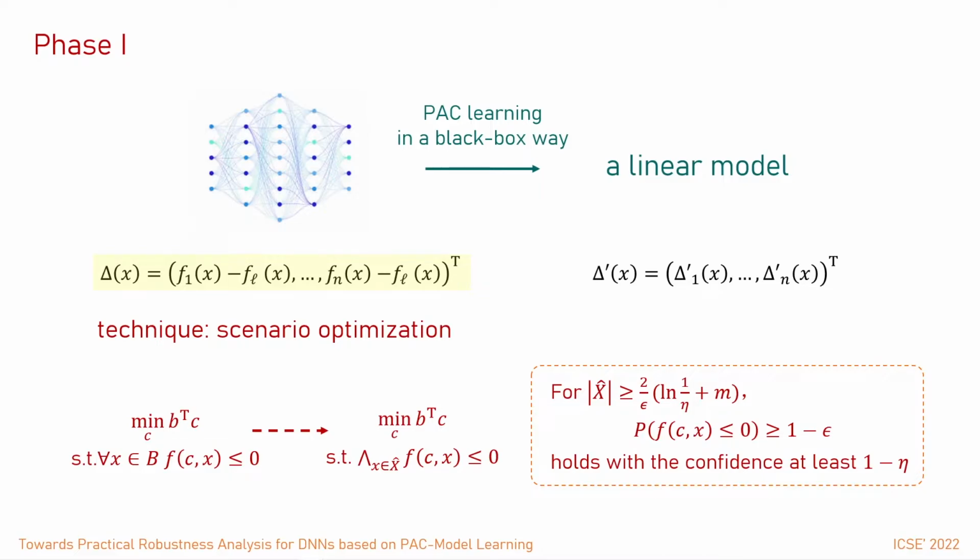If the number of the samples is larger than a given threshold, the solution satisfies all the constraints, but only at most a fraction of probability epsilon, with confidence at least 1 minus eta. The m in the threshold is the dimension of the optimization variable c.